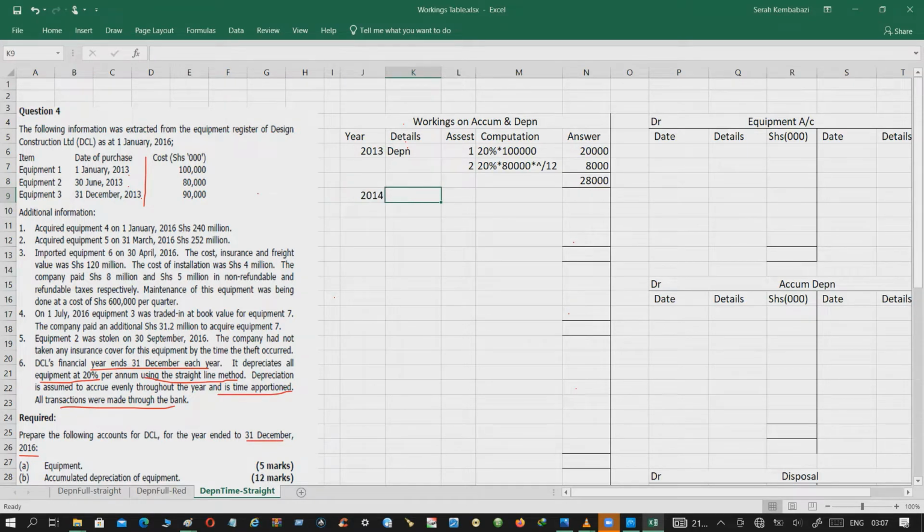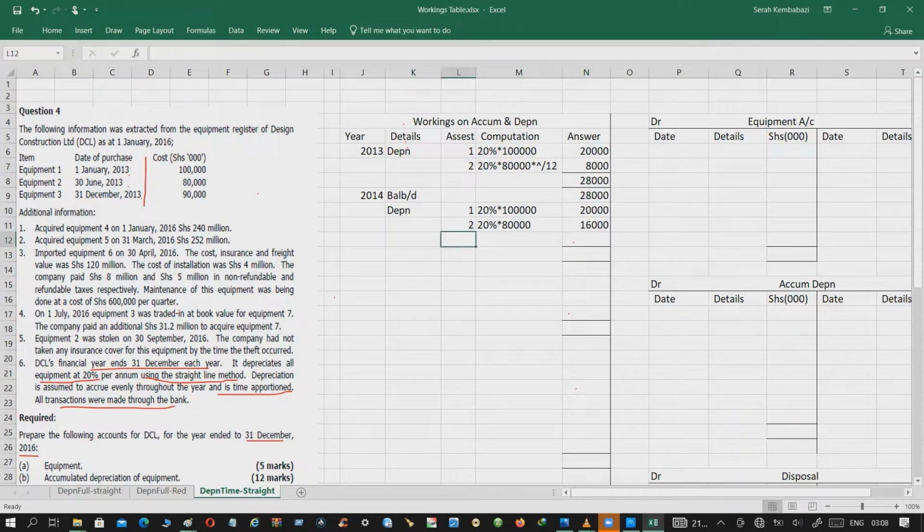In 2014, our opening balance will be that 28,000 we computed in 2013. And we'll again compute depreciation for all assets we've had in that financial year. We still have asset 1, so the 20k will not change. Then for asset 2, this time around, we'll accord it full year depreciation because we had the asset for the full year.